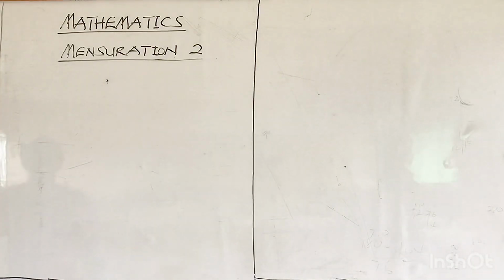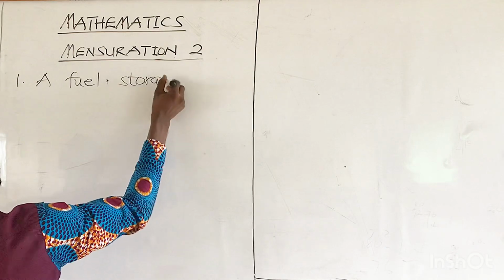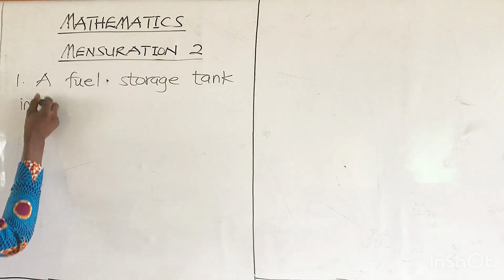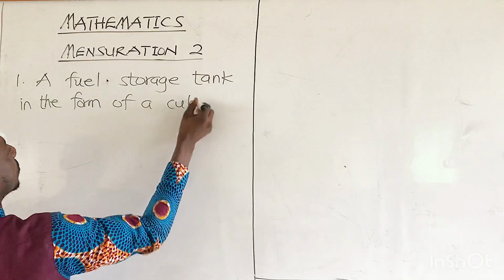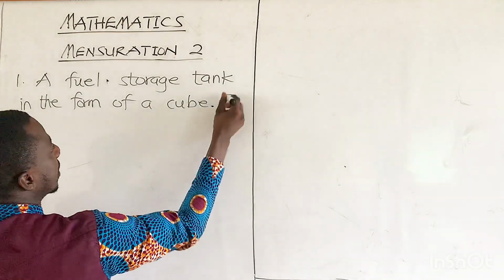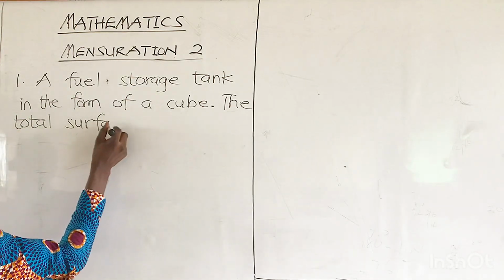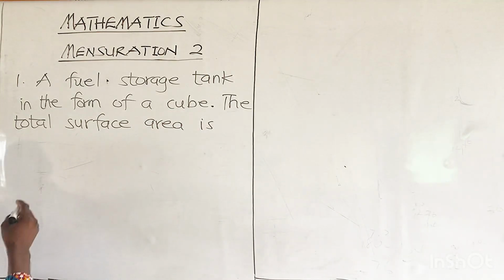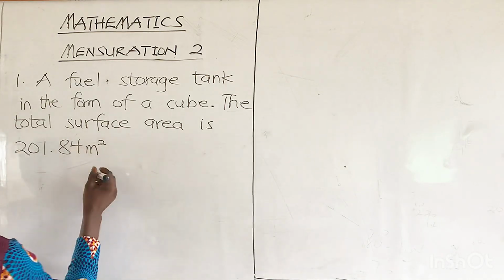The first question, question 1: A fuel storage tank in the form of a cube, the total surface area is 201.84 meters squared.